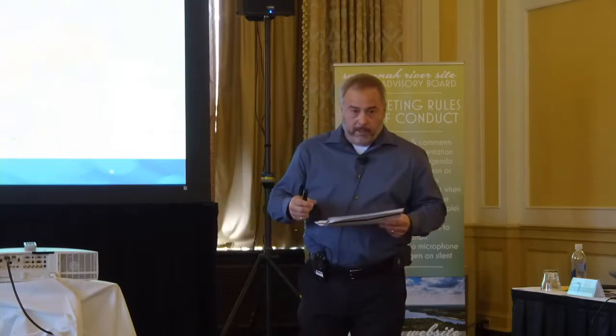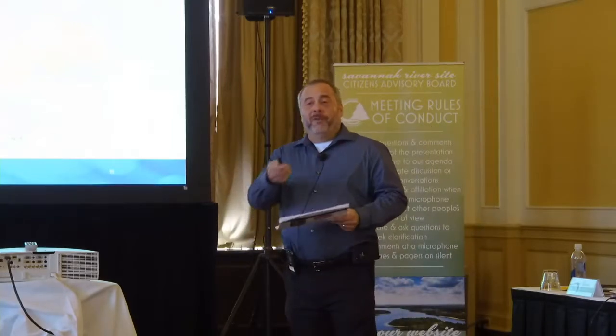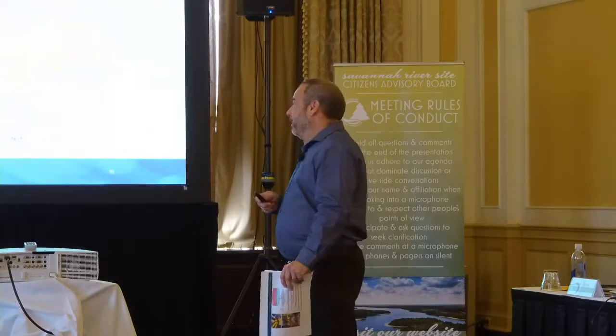And speaking of Tank 9 being the next tank through, this is the new conceptual flow sheet for you. It shouldn't look too different than the one I gave you previously in the presentation.